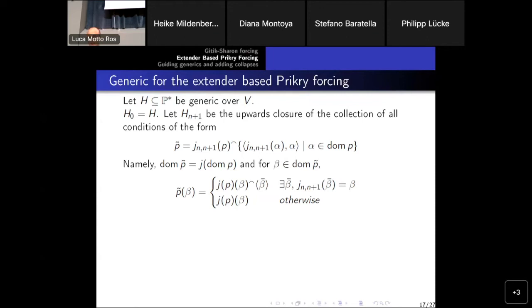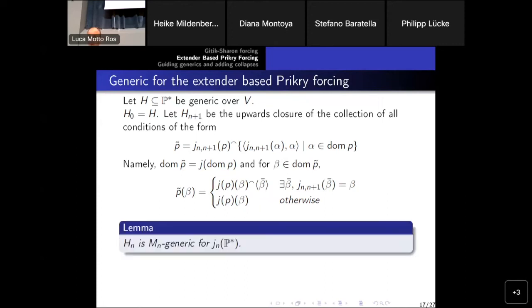Each condition p is going to be changed when we look at j(p). j(p) is going to be changed at most kappa many times, so what we get is still a condition, still an element in M_1. And moreover, the filter that we are getting is generic.